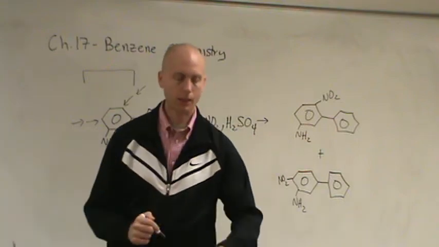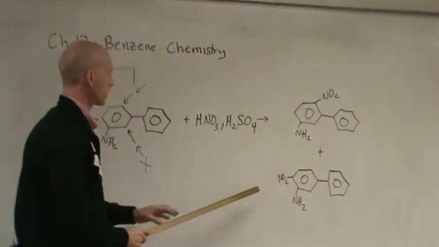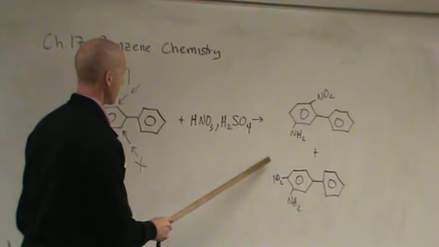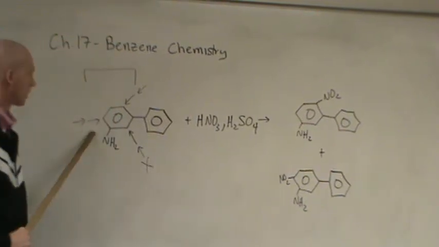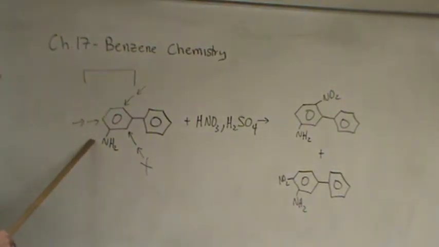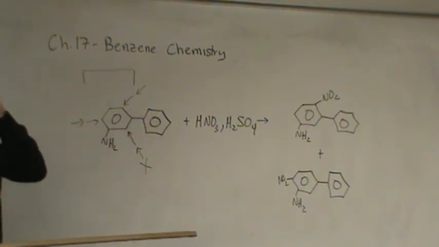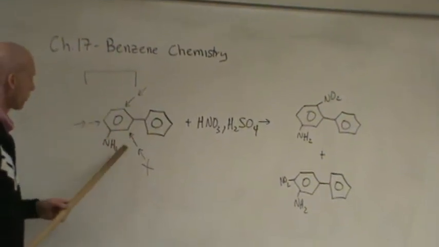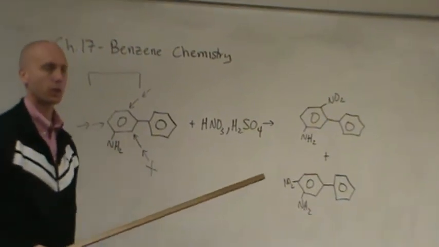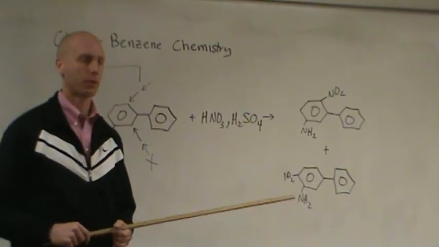And then we'll have the nitro group add over here. So that's how we do it if we have two benzenes attached together. Just use the internal one and then look at your directors and see where everything goes.